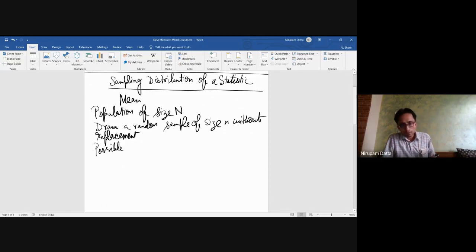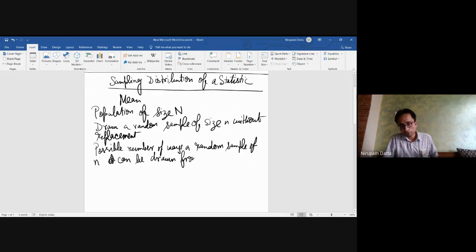The possible number of ways a random sample of size n can be drawn from a population of size N is equal to N C n.